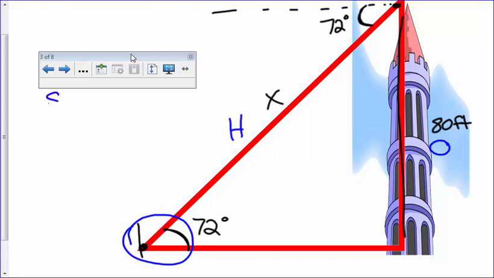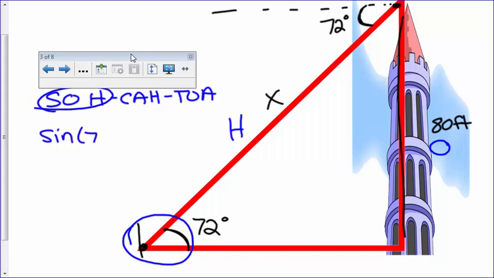So going back to SOHCAHTOA, I want to use O and H. So we're going to use sine, and we're going to say sine of 72 is equal to 80 over x. Remember that shortcut we talked about earlier. If x is on the bottom, it switches with sine of 72.